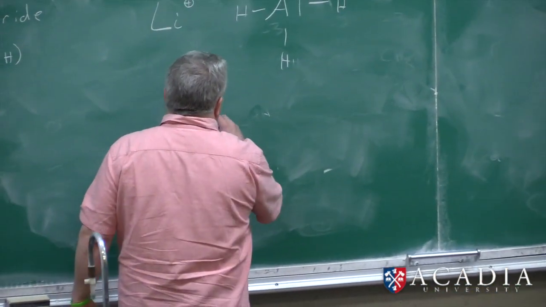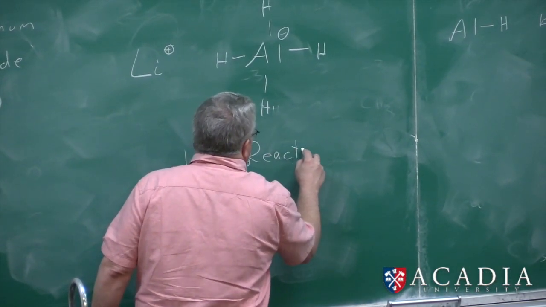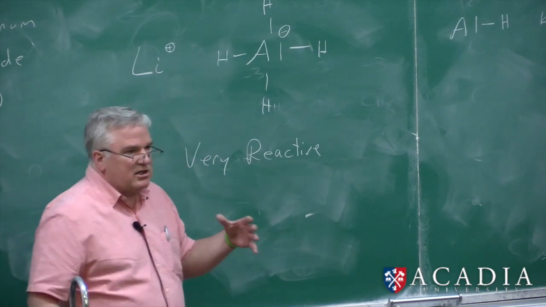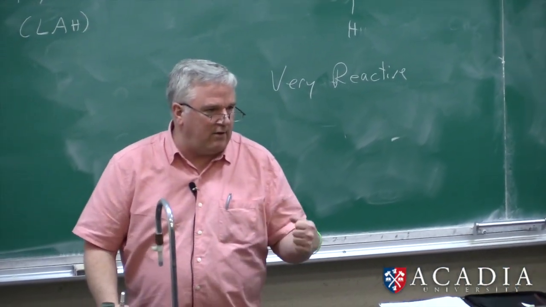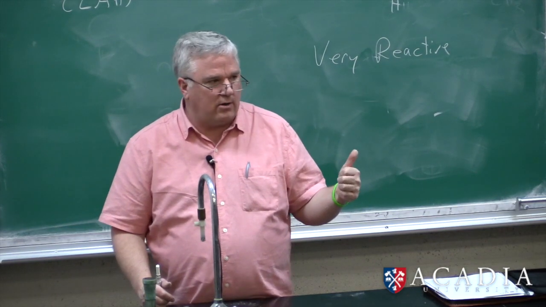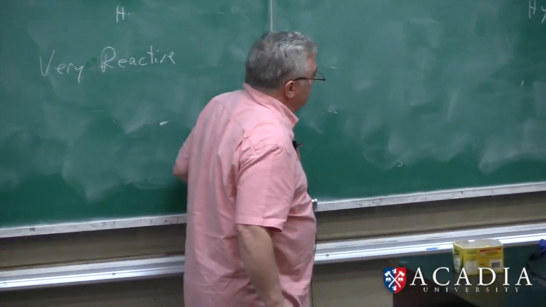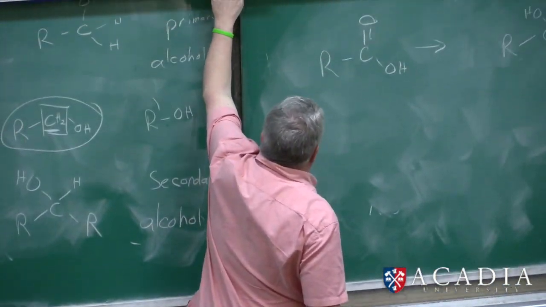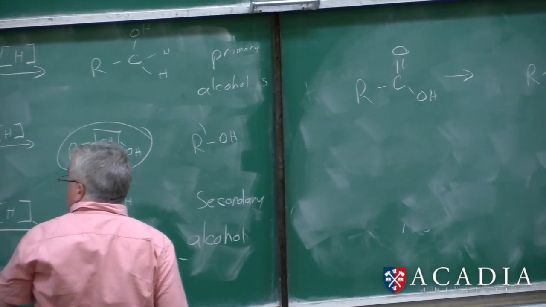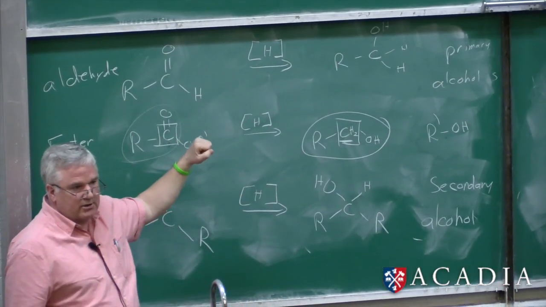And that's because it's very reactive. We have to have special conditions. We have to make sure that we're in very dry conditions, no water around. And it will very rapidly reduce a carbonyl compound. And lithium aluminum hydride will reduce any of these reactions.